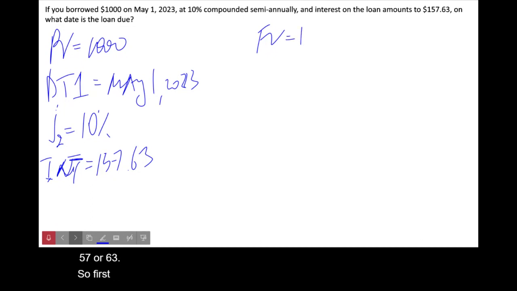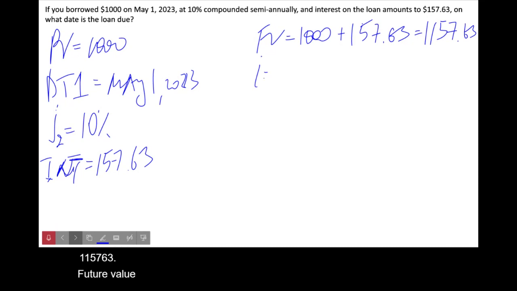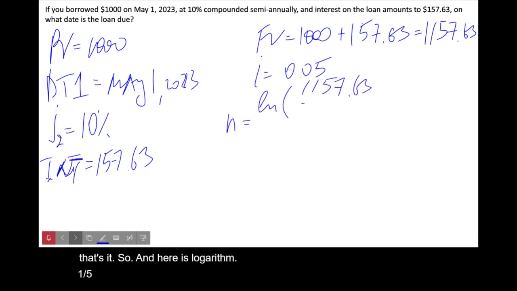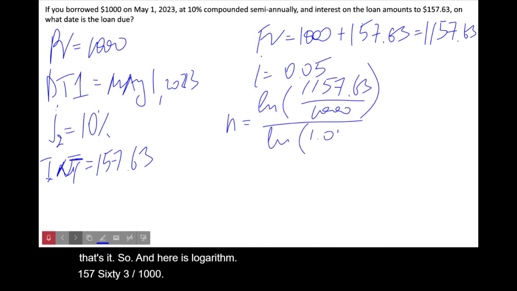First we find future value, 1157.63. Now we find I, 0.05. So n is logarithm of 1157.63 over 1,000, divided by logarithm of 1.05. Let's calculate it.